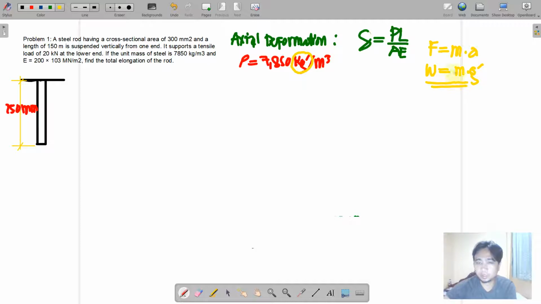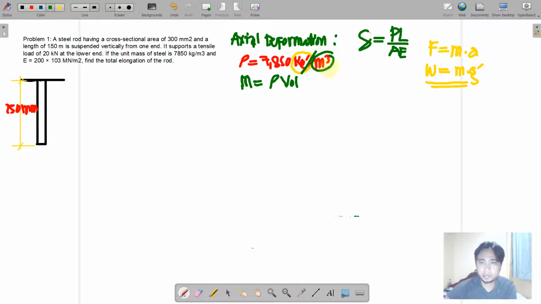First, our objective is to come up with the mass using this rho. By the unit itself, it tells us that mass is equal to rho times volume.